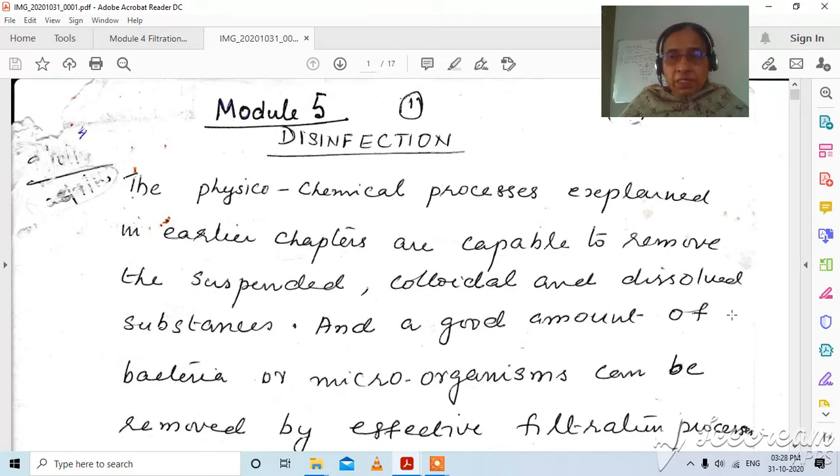That is why we want to remove the pathogenic bacteria if it is present in your raw water before you supply to the public.